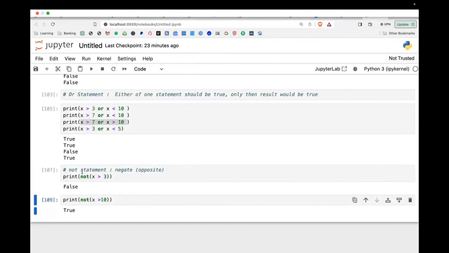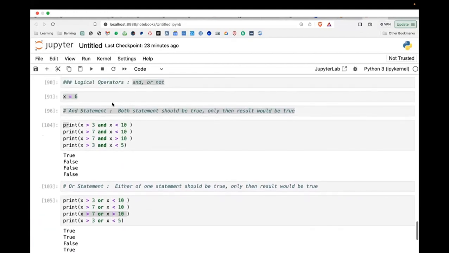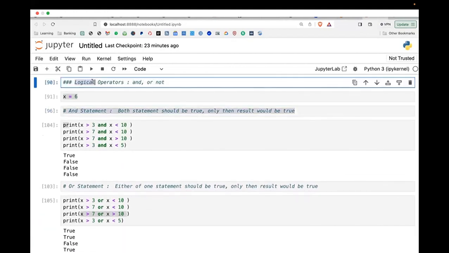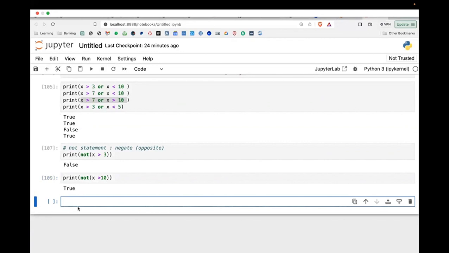Whatever we have learned so far, I just wanted to show you, so you understand it. These are the three statements where I will be using logical operators. In future, we are going to learn to code conditional statements, if and else, if, else if, else.